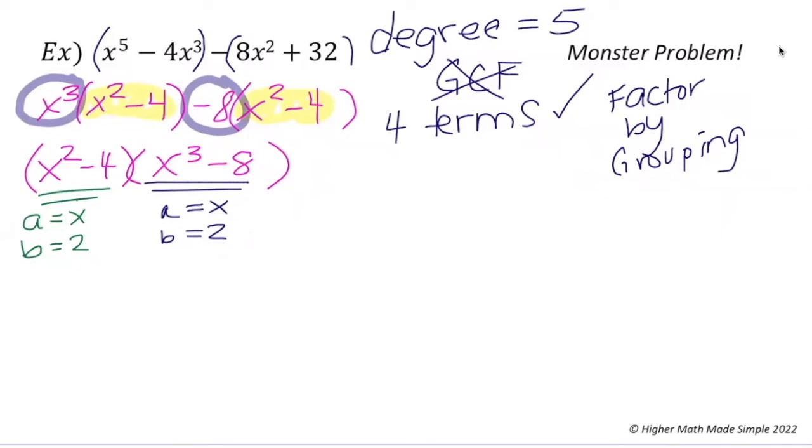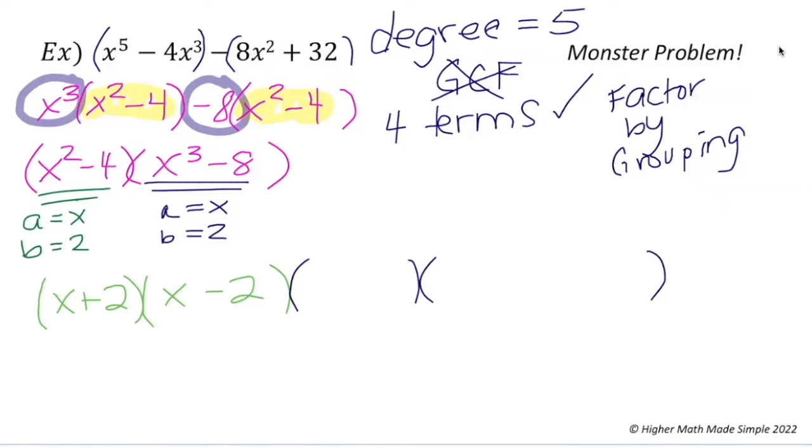If I do the difference of perfect squares, that's just this template: x plus 2 times x minus 2. Just make sure you write the a term first. And then if I use my difference of cubes formula, this one is the minus plus plus.